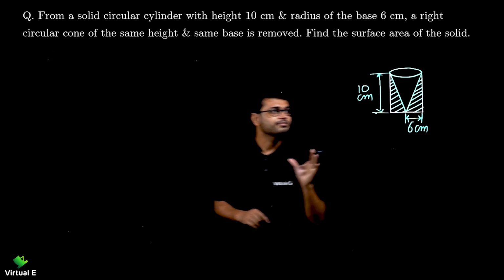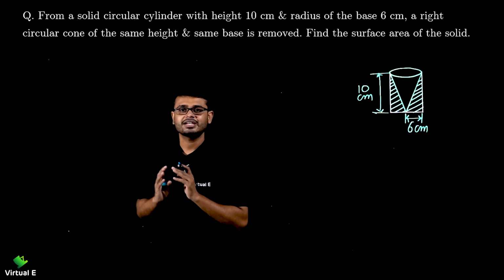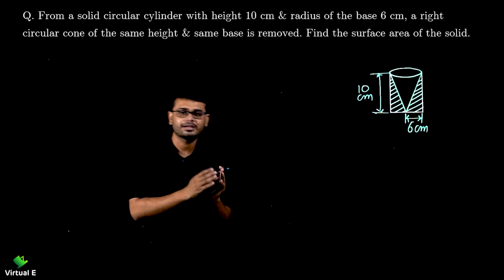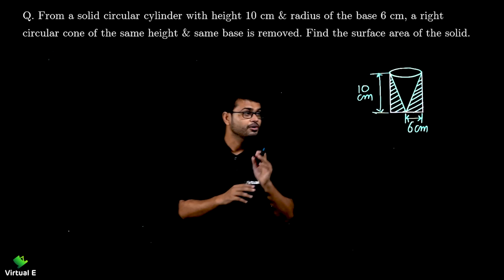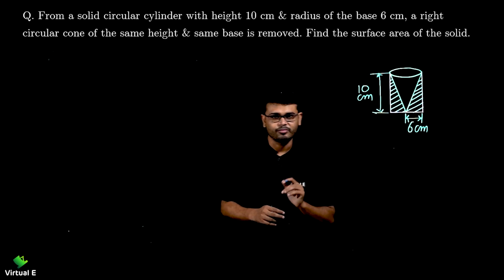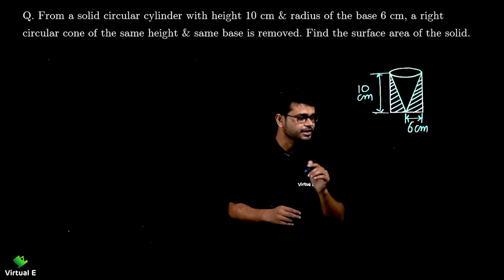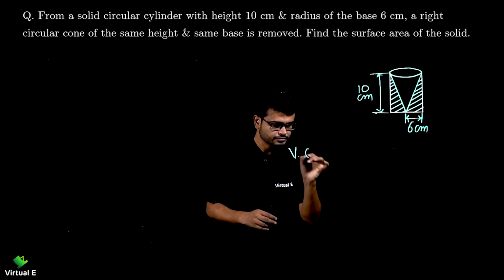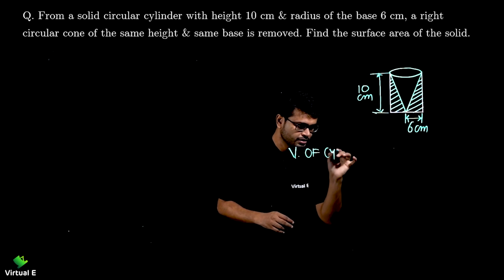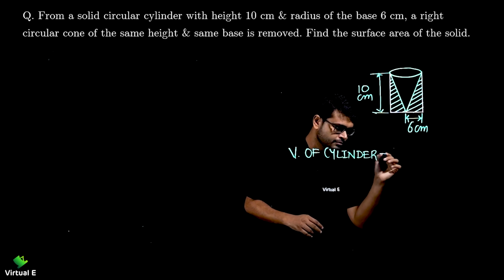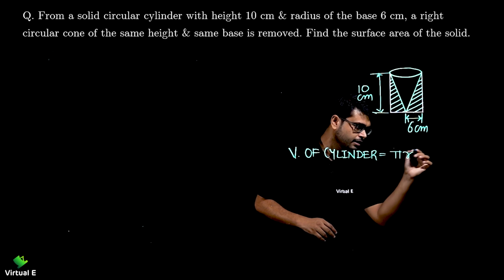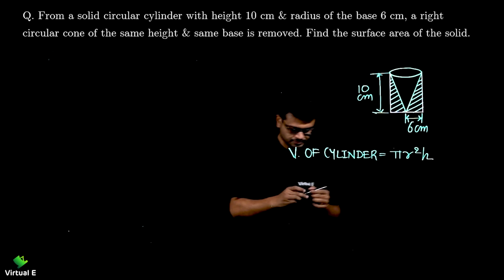Before we find the individual ones, let me just tell you, we can do this question in a way better manner than finding each answer and then subtracting. So first of all I'm starting with the formula. Volume of cylinder is equal to pi r square h, right?